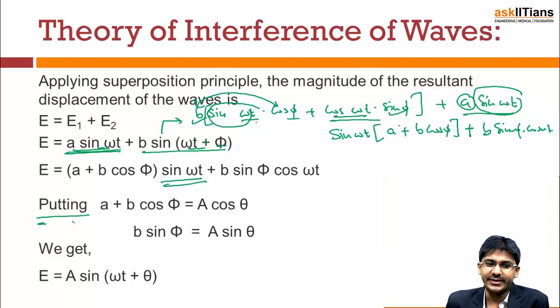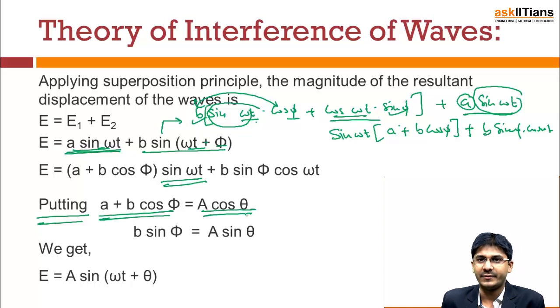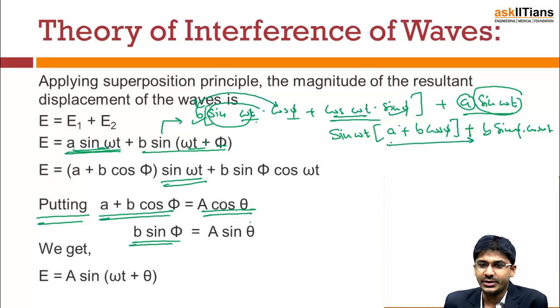What we assume is that, let's take A plus B cos phi as capital A cos theta, where theta is any random value. We take this whole thing as capital A cos theta, where capital A is any arbitrary value, and then we take B sin phi as capital A sin theta. Why do we take this?